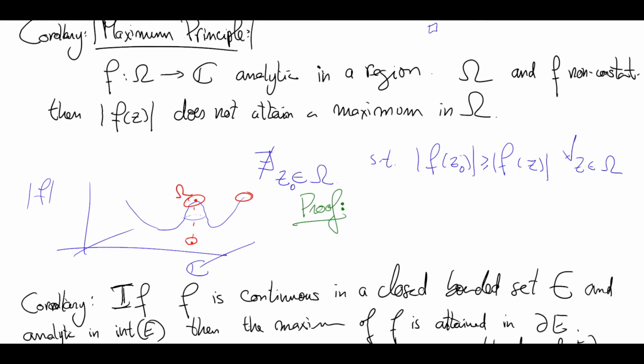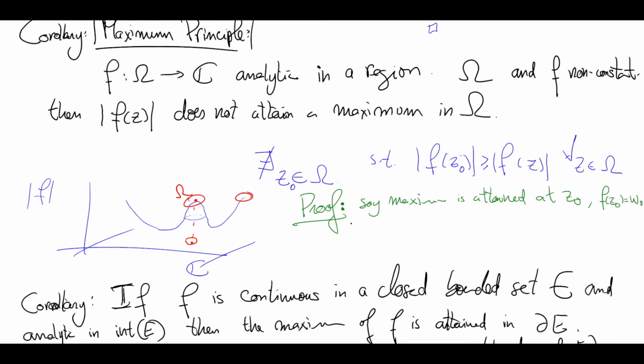So if f is analytic in a region, let's go by contradiction, for example. There are many ways of proving this, but say the maximum is attained at z0, and let's say f of z0 is equal to w0.